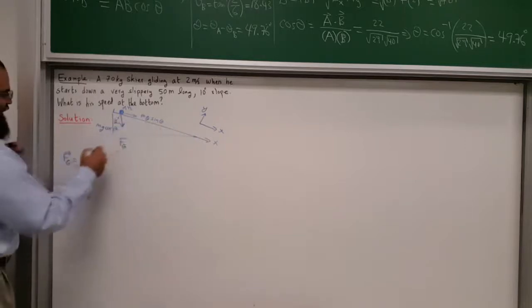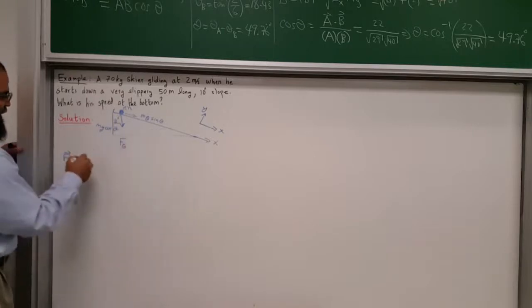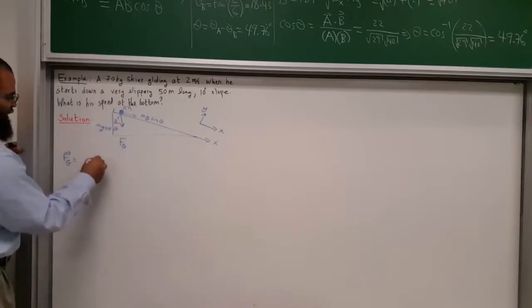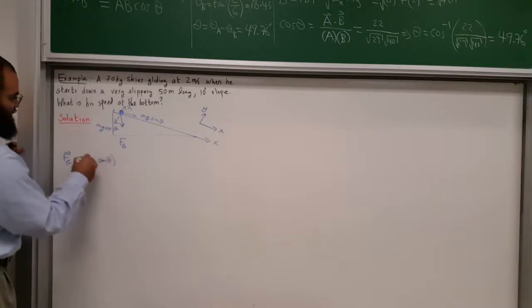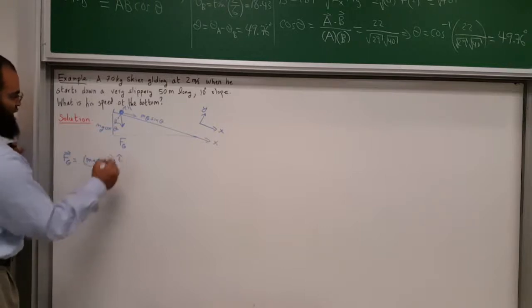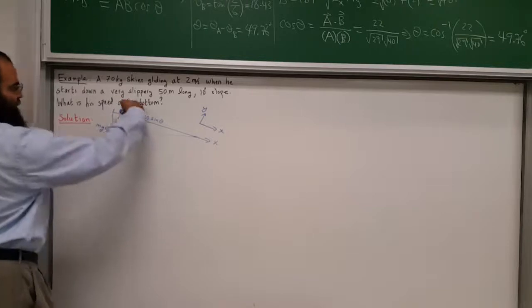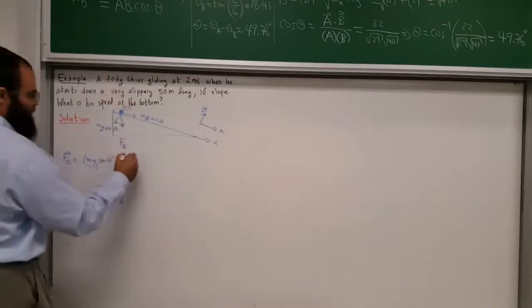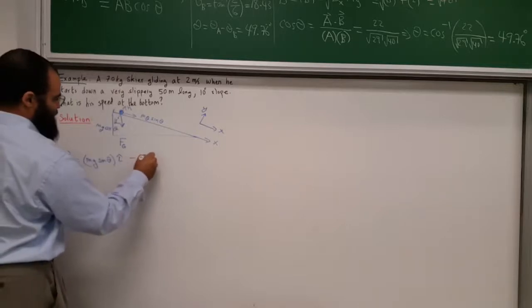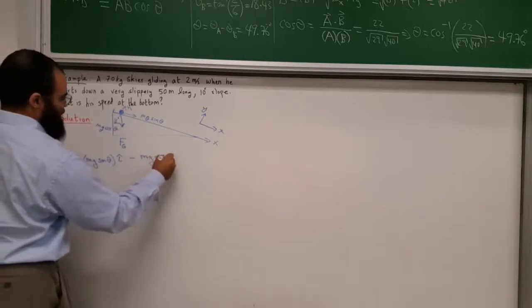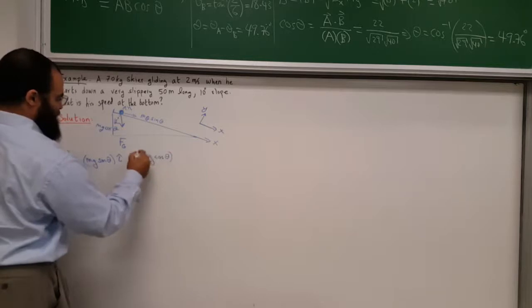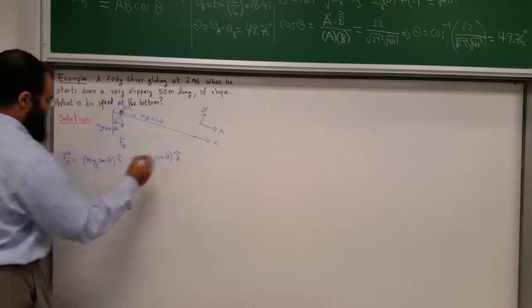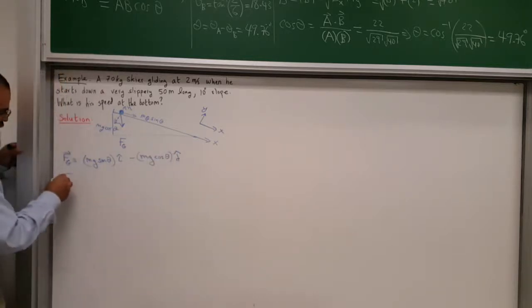One is along the x direction, which we define along the slope: mg sine theta, along I hat. The other is along the y-axis, where positive is that way, so this is negative: minus mg cosine theta j hat.